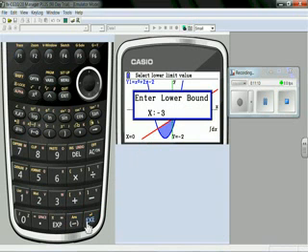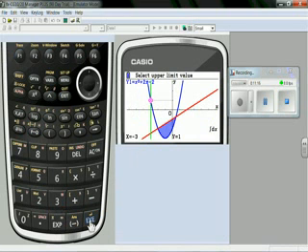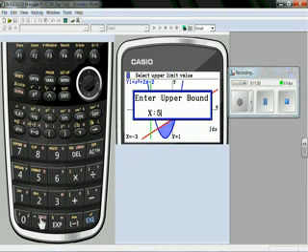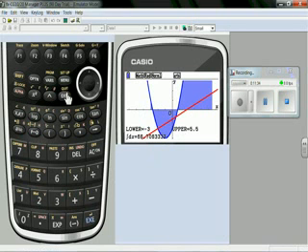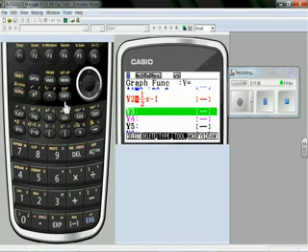Let's go from -3. It'll jump to -3, and I'll go to 5.5. And I've got area, both above and below, and there's my integral. Exit that. Exit one more time.